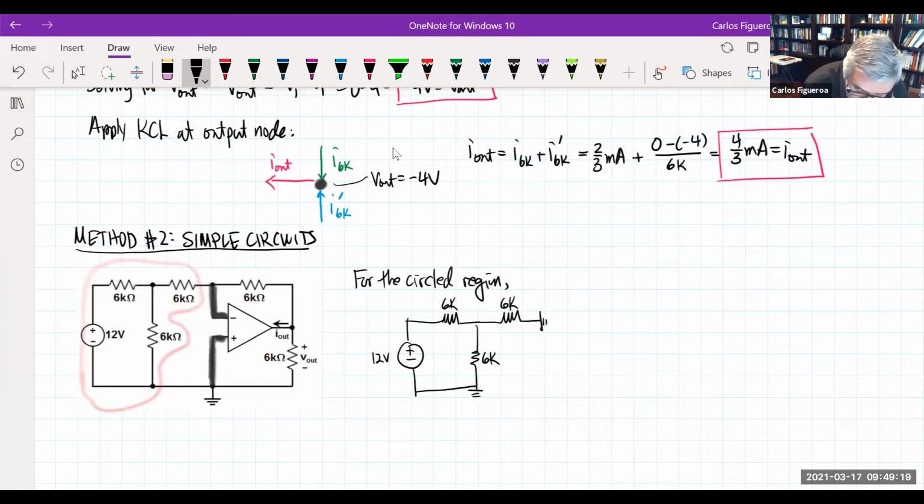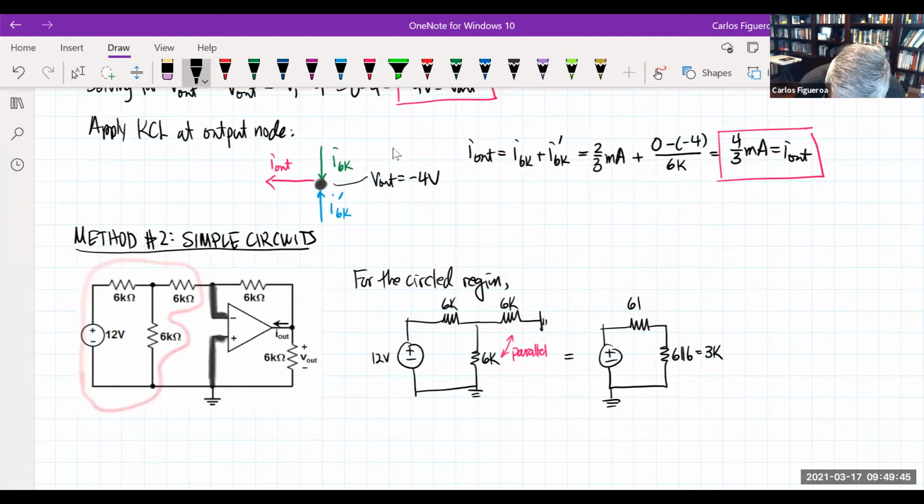So these two guys here are in parallel. If I use voltage divider rule, I can redraw this circuit like this, where this is 6 parallel to 6, which is a 3K, and this guy's a 6K, and this is a 12 volt.